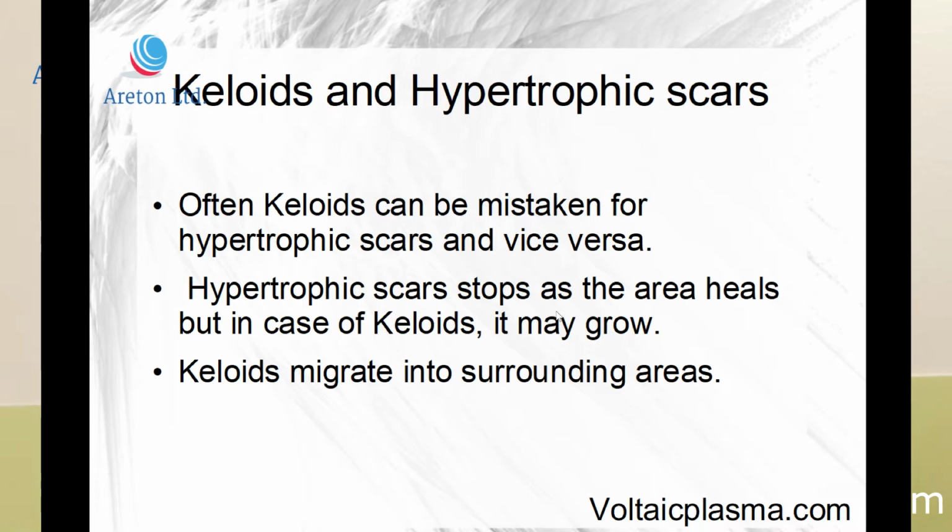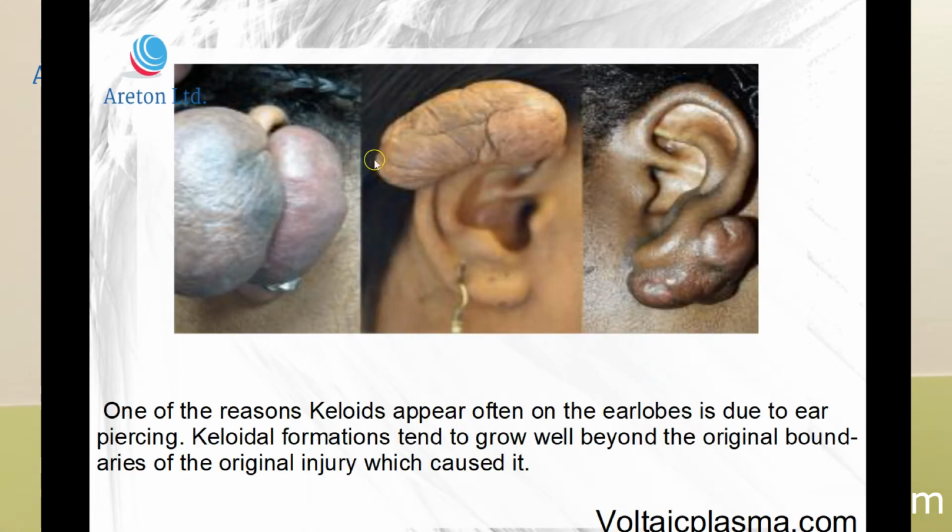In the case of keloids, they keep growing and they go over the border of the original skin injury. Keloids migrate into the surrounding areas. They actually bulge out of the original wound.